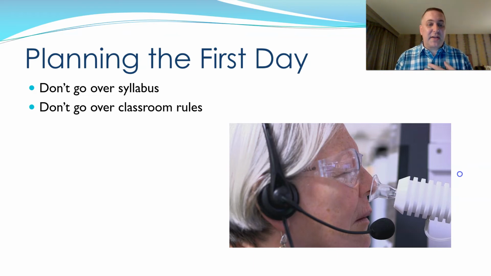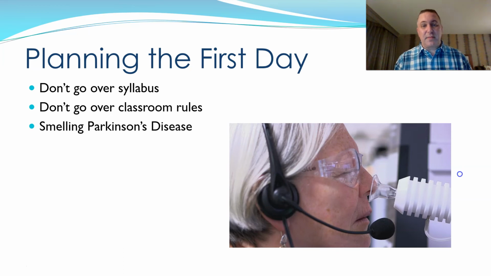And so I've designed a lesson for the first day, and it involves a story called Smelling Parkinson's Disease. In the picture of the woman you see here, this woman is Joy Milne, and she claims that she can smell Parkinson's disease. Her husband was afflicted with Parkinson's disease. He is now deceased. And she came out and made that claim, that she can smell it. And that's a remarkable statement.